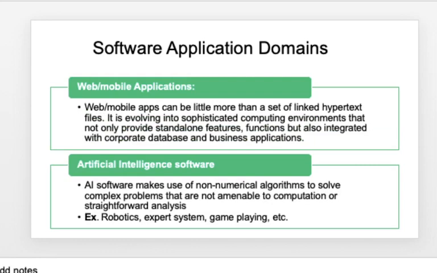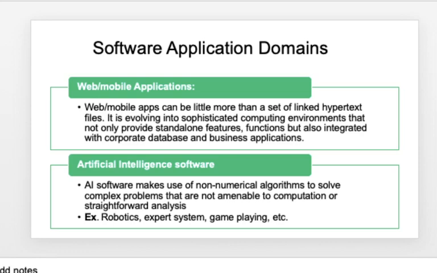Then we have the most common web or mobile apps, which everybody is more familiar with, and they contain little more than a set of linked hypertext files. They not only provide standalone features or functions, but are also integrated into corporate databases and business applications, and that is the power of the web or mobile apps.